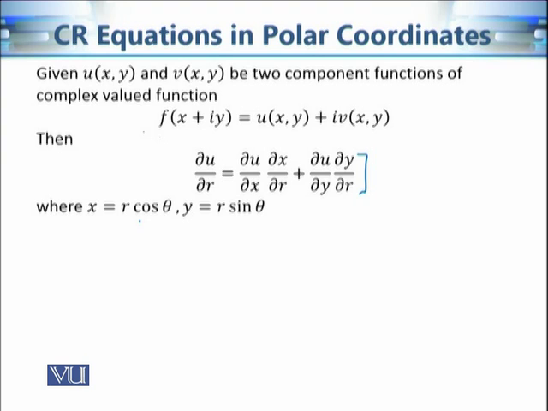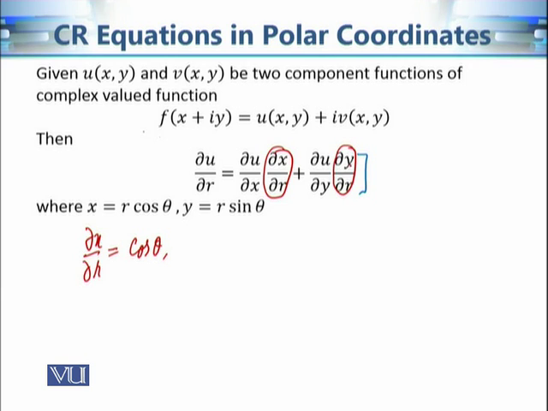Partial x by partial r is going to be equal to cosine theta. And what else do we need? We need partial y by partial r. This is equal to sine theta.